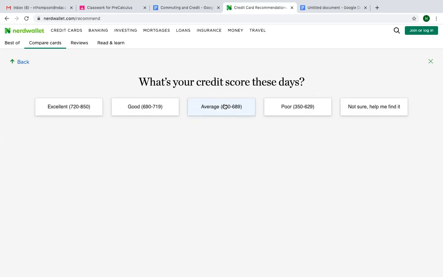How do you find your credit score though? If you don't know your credit score, you probably don't have one. So your credit score would be based off of a credit card, not a debit card, but a credit card. And so most people your age don't have one. So you would just start with average.